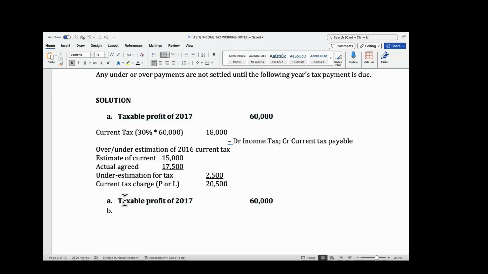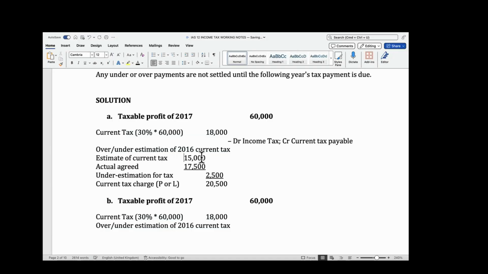So again, in the second scenario, similar to this, the taxable profits, let's say, is 60,000, and your current tax is 30% of that. Again, let's say we need to over or underestimate the tax for 2016. From the question, we're told that the estimate of current tax is this 15,000.